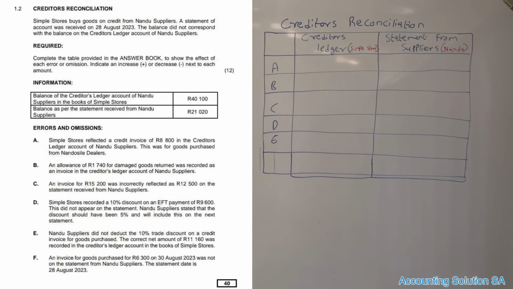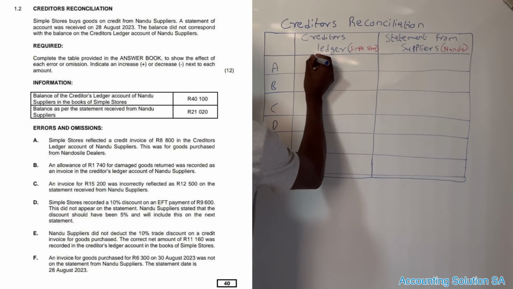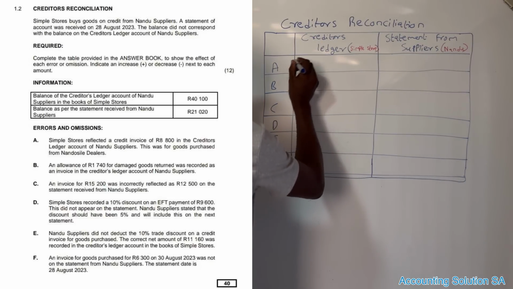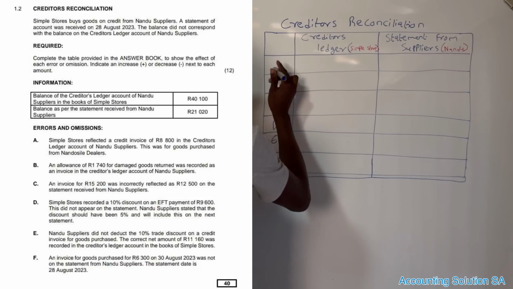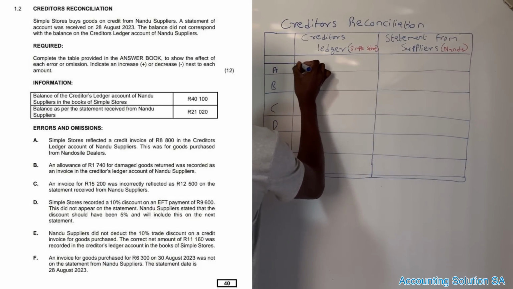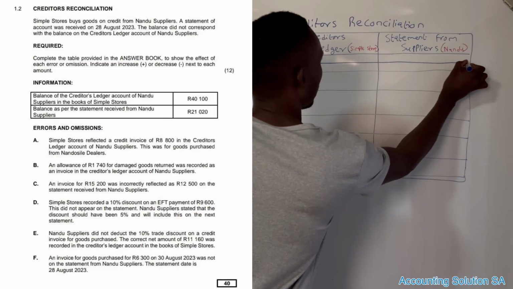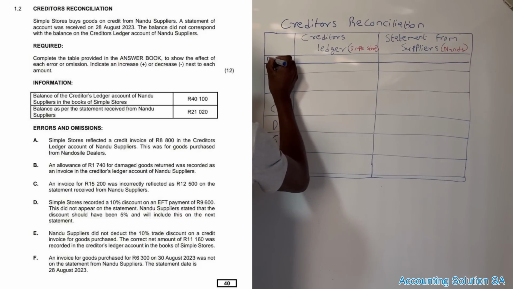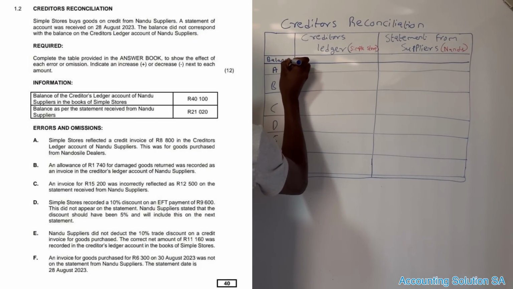Information: the balance on the creditors ledger account of Nadu Supplier in the books of Simple Store, in our books of Simple Store, guys, was 40,000. Okay, I'm going to write it down below. We're going to have a column here for the balance.